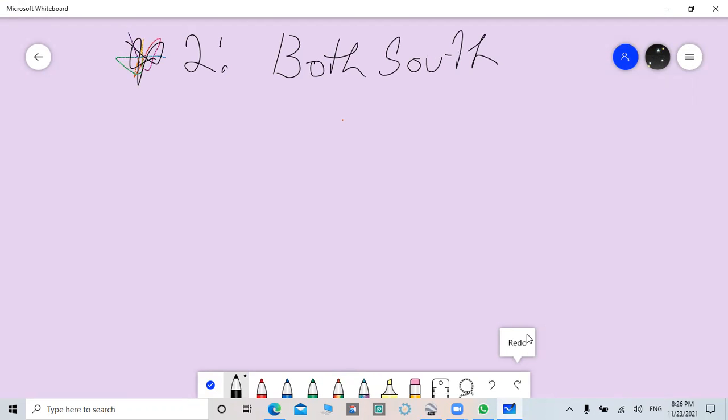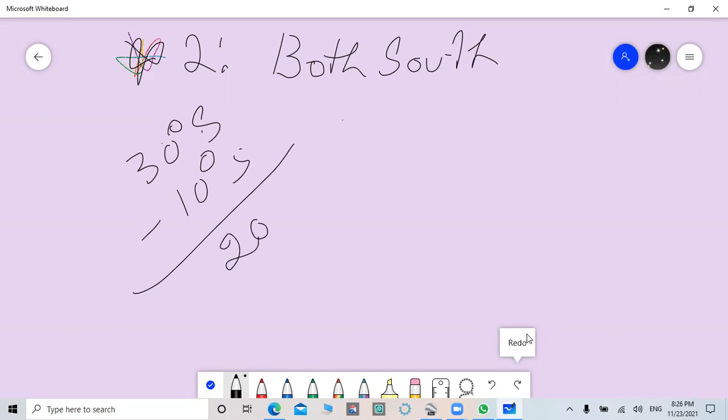So when we have 30 degrees south minus 10 degrees south, it is obviously a subtraction. We get 20 degrees. Now the question is, is this 20 degrees south or north?